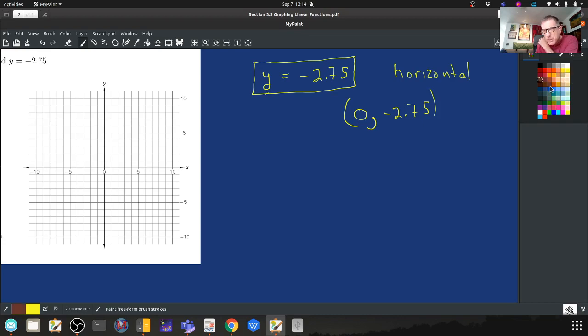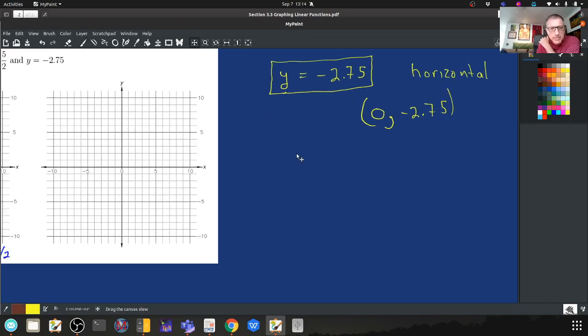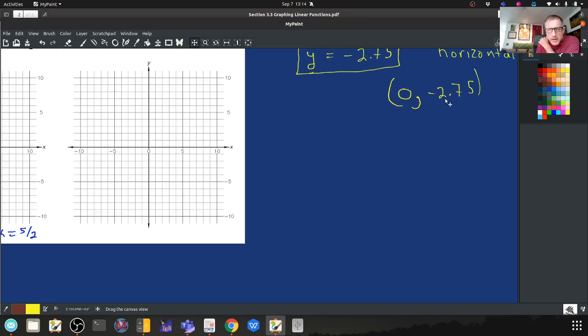So let's see what we can do here. I've got to find minus 2.75 on the y-axis. So that's minus 1, this is minus 2, and this is minus 3 right here. So I'm going to eyeball it and say minus 2.75 is right there.